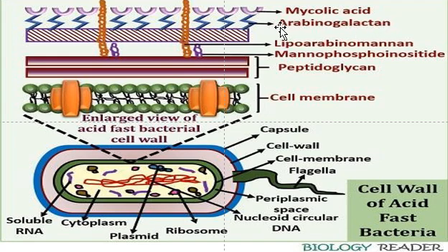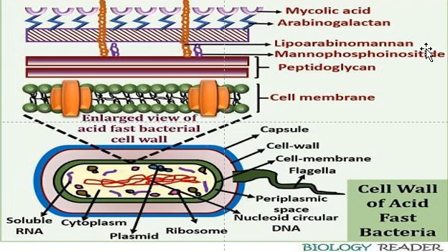Within this TB bacteria, we're going to specifically talk about this particular structure by the name of ARABINOGALACTAN. We'll explore this structure in depth. This structure is found within the TB bacteria, and it plays some very pivotal, fundamental roles in aiding this bacteria.